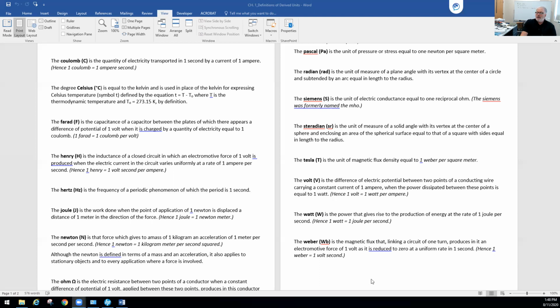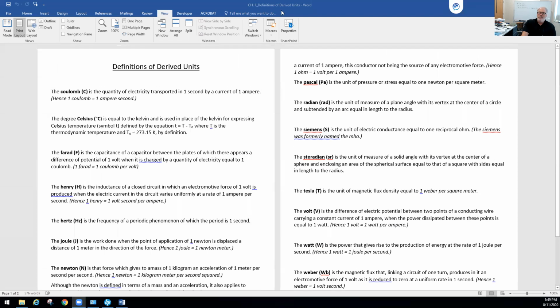The Weber is the magnetic flux. And again, here the Weber is used to define the Tesla. So all of these things combined to give us these derived units and these names for those.